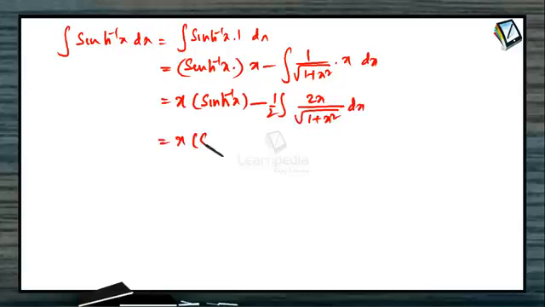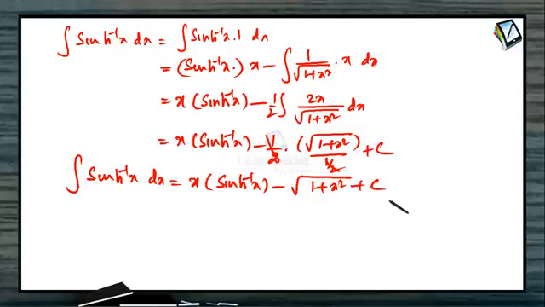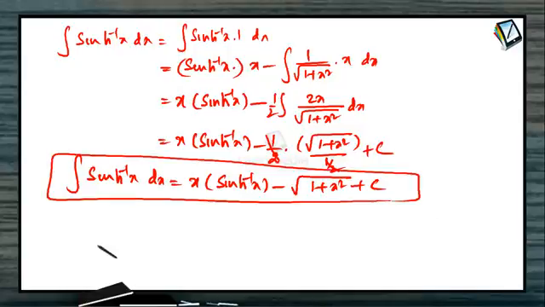Again, this is in the standard form which I mentioned earlier, that is minus half into root of 1 plus x square by 1 by 2 plus c. This gets cancelled. So finally, the integral of sine h inverse of x dx is x times sine h inverse of x minus root 1 plus x square plus c, which is a standard integral.